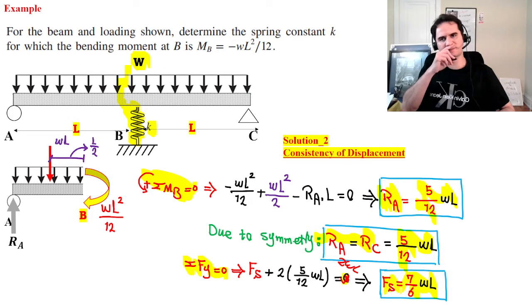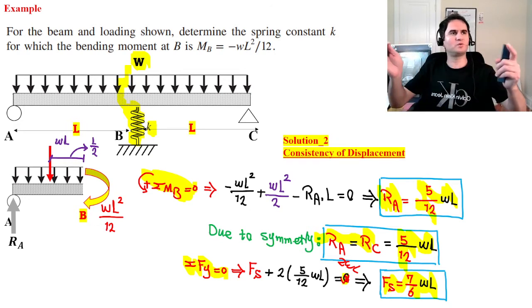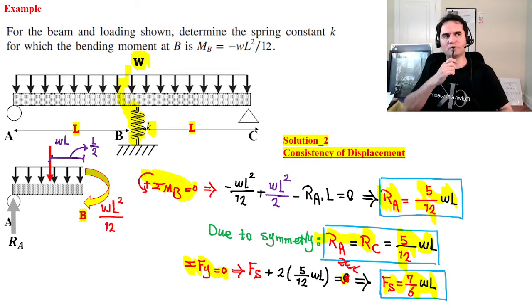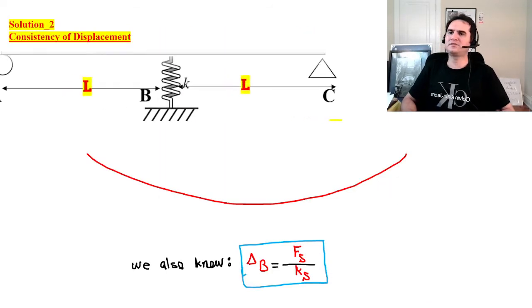The force of the spring is 7/6 WL. So far, the solution of the consistency method, until you get the reactions for both supports and for the spring, is identical to the previous method, but the difference starts from here.